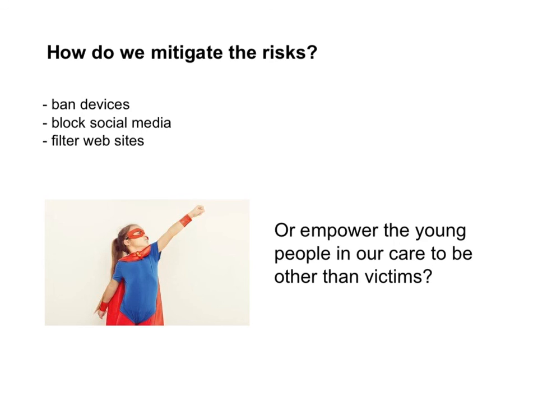So the risk, she argues, is relatively low. So why all the fuss? I think there's a bit of a fuss because if some of these things do take place, the consequences are really serious. So we do need to be mindful of those risks.